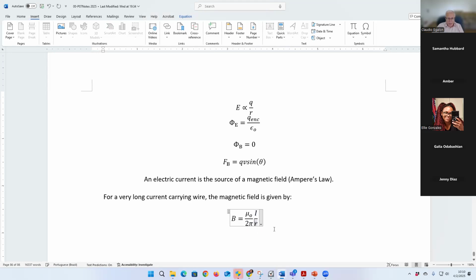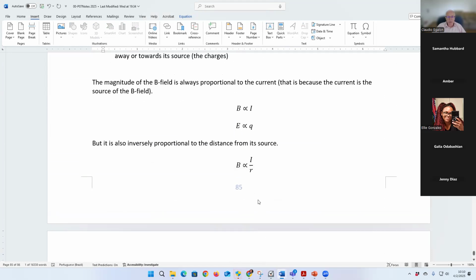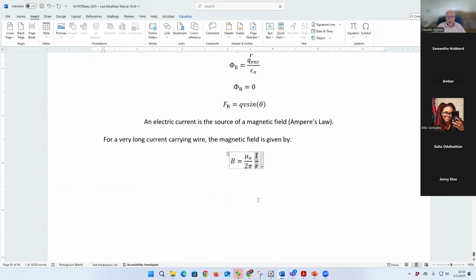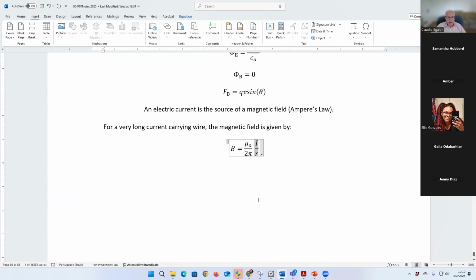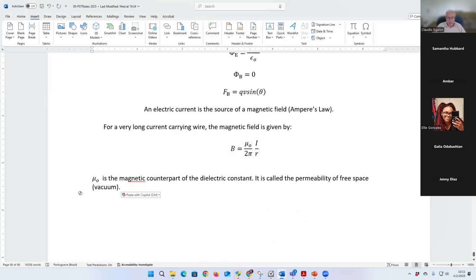So you can see, right? This term that you see right in here, I already mentioned to you before, I just didn't tell you the exact value. But now we have this constant, mu naught, the magnetic counterpart of the dielectric constant epsilon naught.